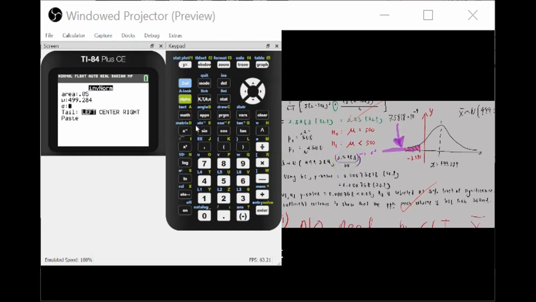So we take the square root first, then we key in 2.5483 divided by 50. For this inverse norm, where we are trying to calculate the corresponding x coordinate, the quantile, such that you have a 5% left tail area, we have to use the entire fraction. The divide by 50 must be included here.